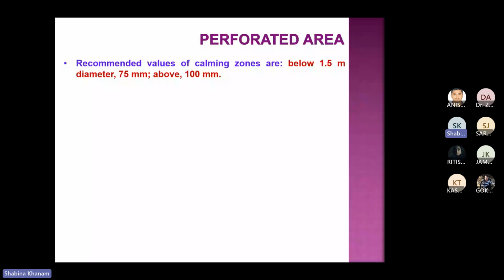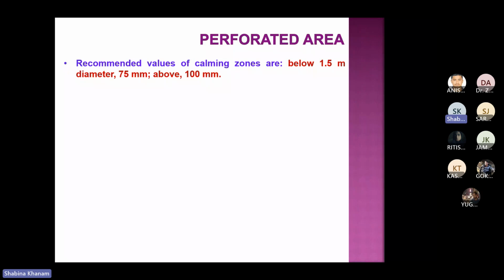We have seen how to find the diameter, the liquid flow pattern, and the different areas, what the net area is, what the perforated area is, and how to decide the hole pitch, weir height and weir length.